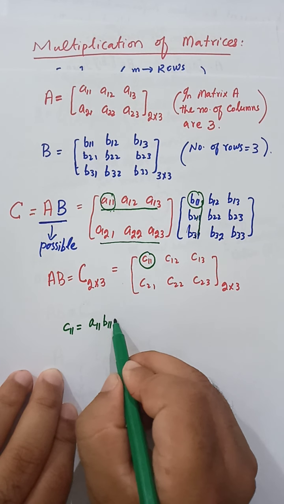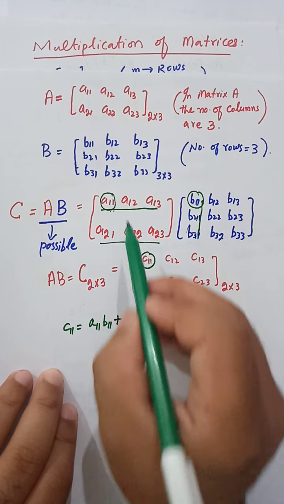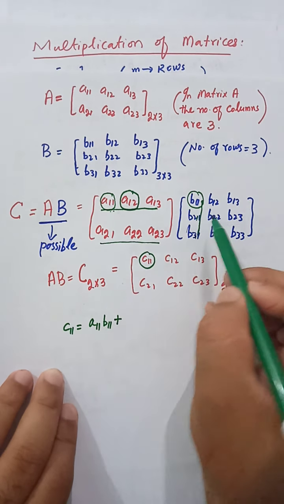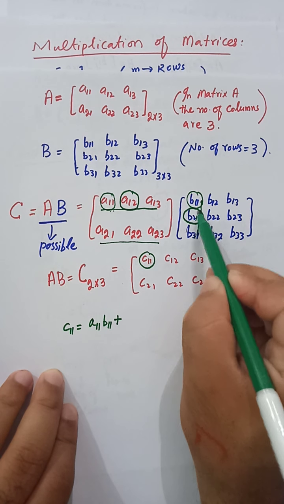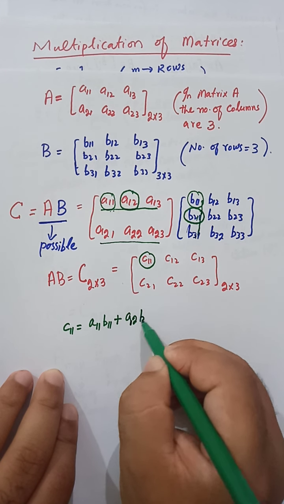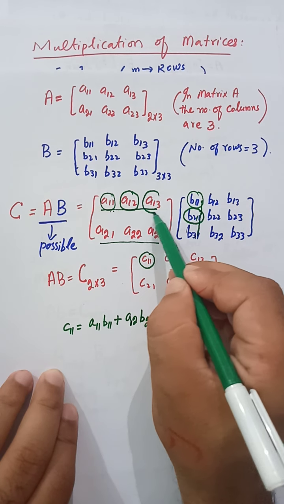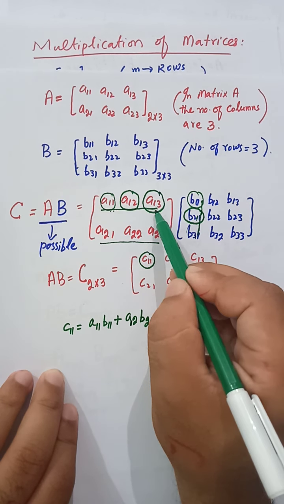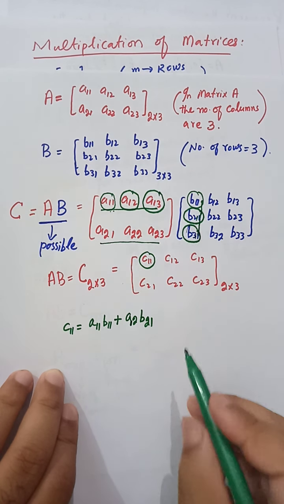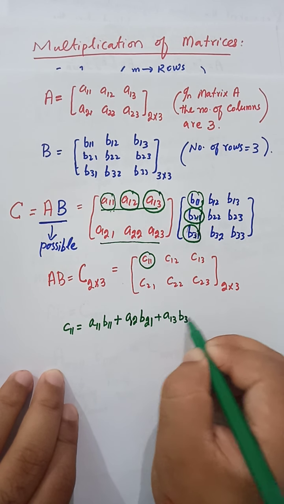Then you add, with a plus sign, and multiply the second element of the first row with the second element of the first column, and the third element of the first row will be multiplied with the third element of the first column, and add these.